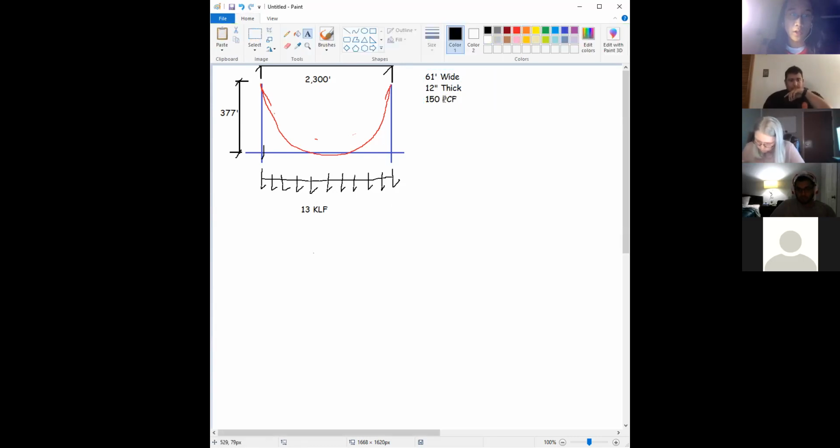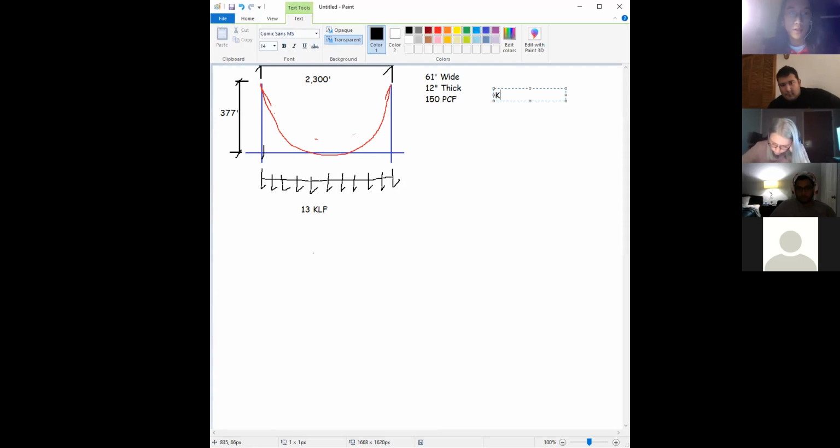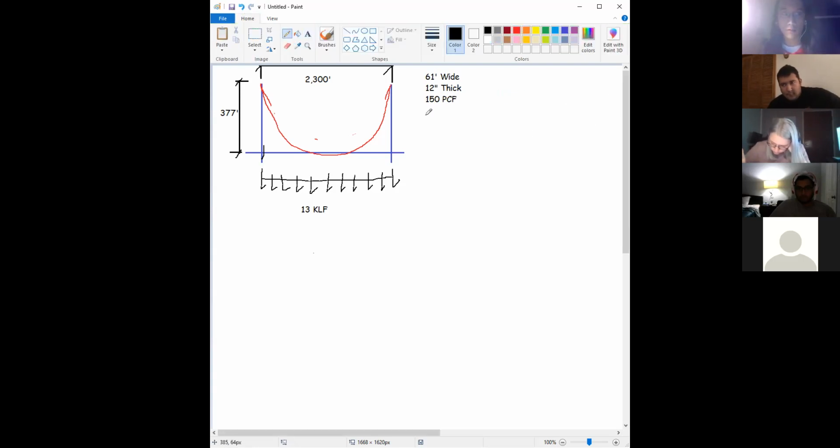So look here, PCF, pounds per cubic foot. It's volume. I assume there's also KCF, kips per cubic foot, but that's a lot of pounds of force. Nah, that's Kentucky Chicken Fried.